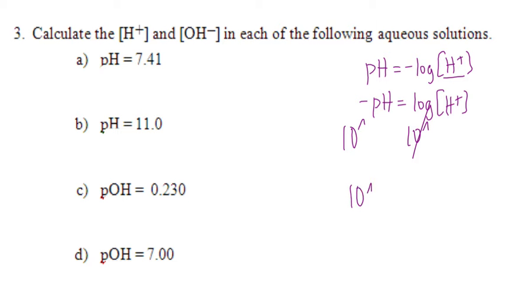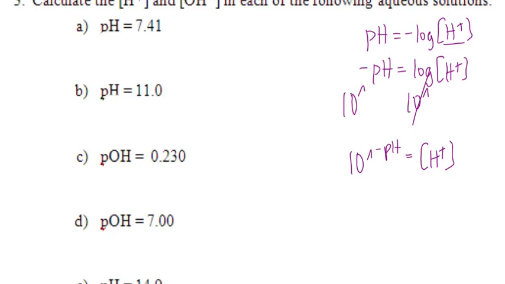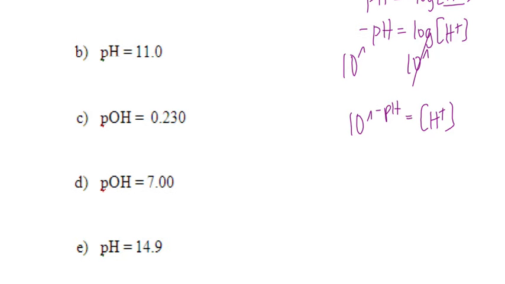So 10 to the negative pH is equal to the H plus concentration. And the same thing, 10 to the negative pOH is equal to the OH minus concentration. So when you're entering this in your calculator, you're going to hit second log, negative pH, and that's going to give you the number. Students tend to forget to make that pH negative, and that's important.